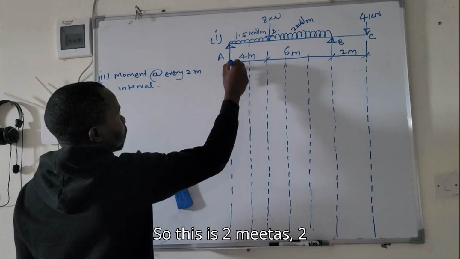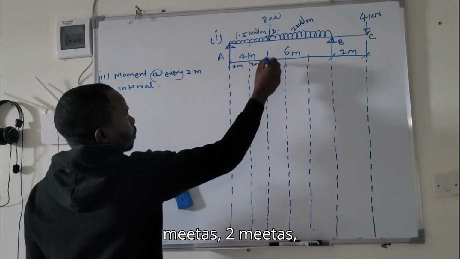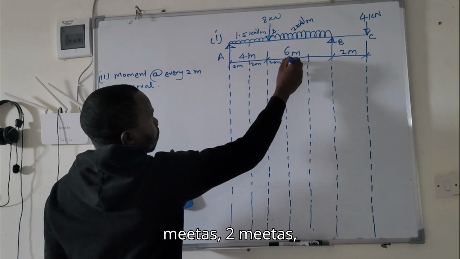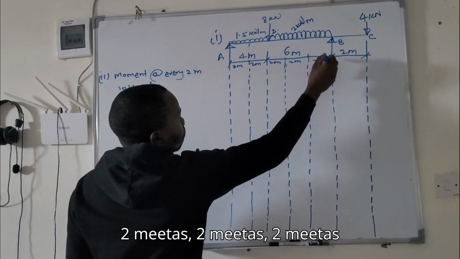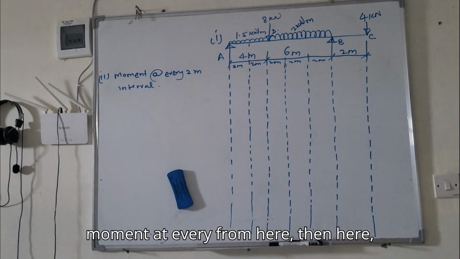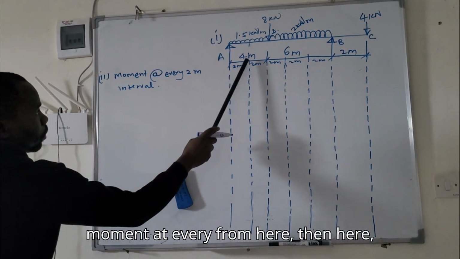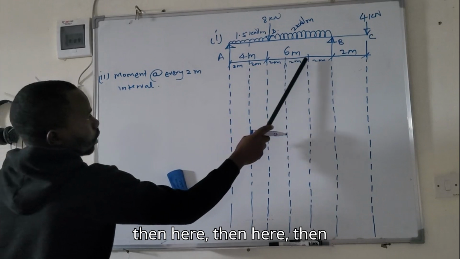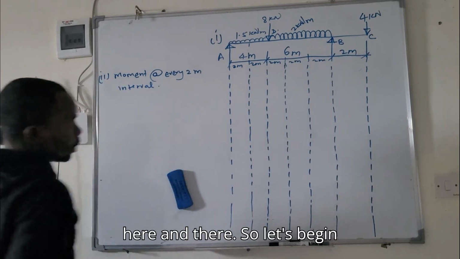So this is 2 meters, 2 meters, 2 meters, 2 meters, 2 meters, 2 meters. We want now to calculate the moment at every point, from here, then here, then here, then here, and there.